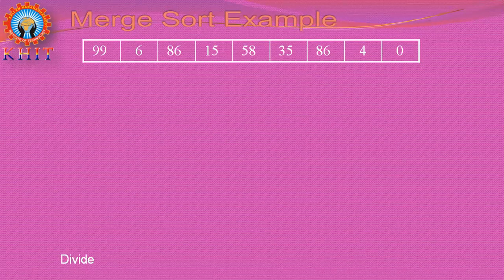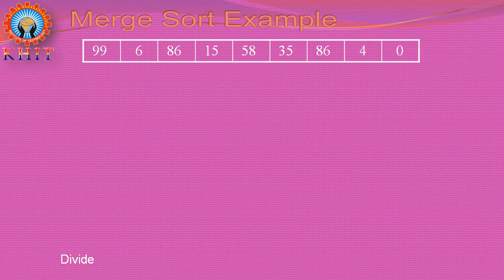Now we will see the procedure of how to solve the given array by using the divide and conquer technique. We will discuss it in this session. The first step: if we consider the given array as a complex array, then we need to divide it into two sub-arrays.